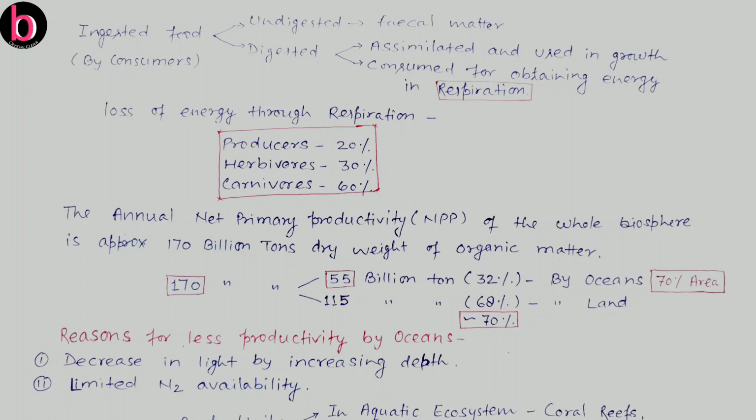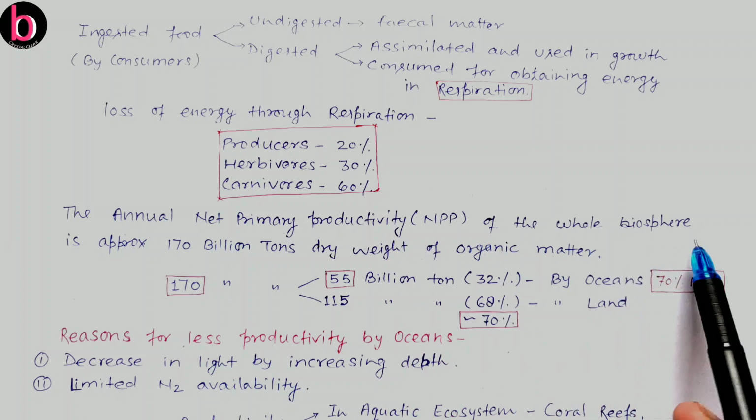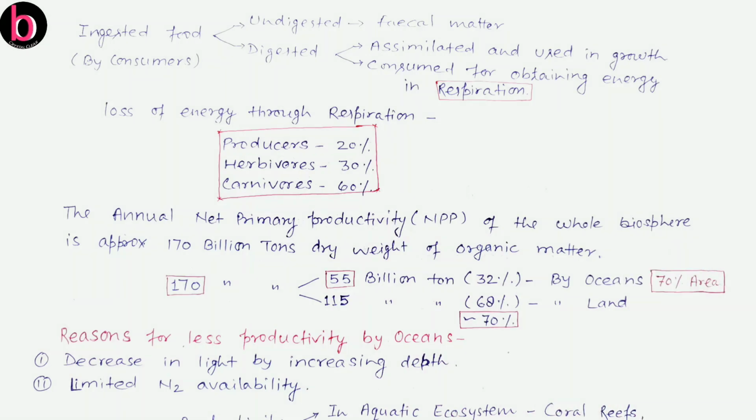If we discuss the annual net primary productivity of the whole biosphere, the biosphere is the sum of atmosphere, hydrosphere and lithosphere where life exists. This is nearly 170 billion tons of dry weight of organic matter. We already discussed that dry weight is more relevant, while wet weight may fluctuate, but dry weight is always constant.